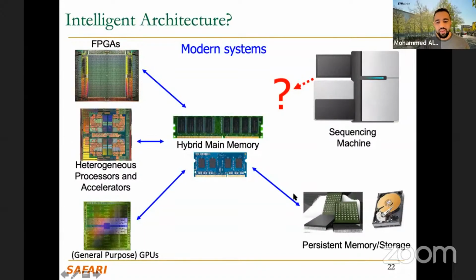Or do you want to do the analysis inside the sequencer itself? You don't want to move a huge amount of data to another general purpose computer. Or you want to do the analysis inside the storage, for example, or inside the memory, inside the caches.